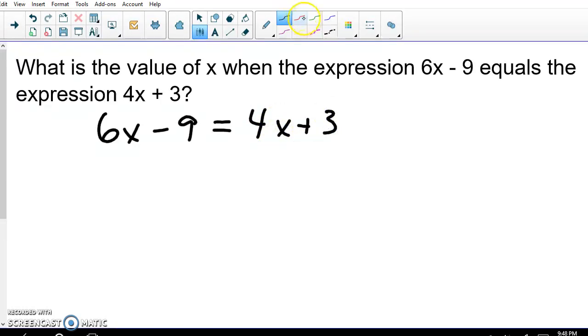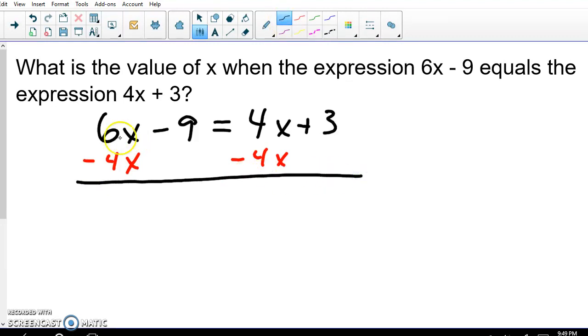Now I can get all of my variables on one side and all my constants on the other. So I'm going to start by subtracting 4x from both sides. And 6x minus 4x is 2x. I still have the minus 9 on the left side here. My 4x minus 4x is 0, but I still have a positive 3 on the right-hand side.